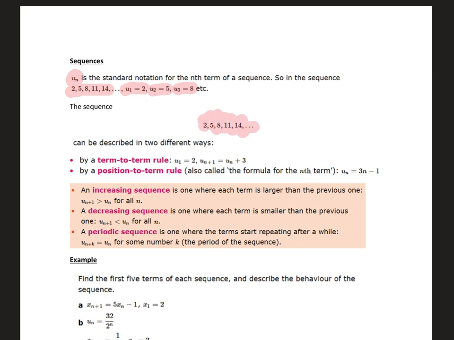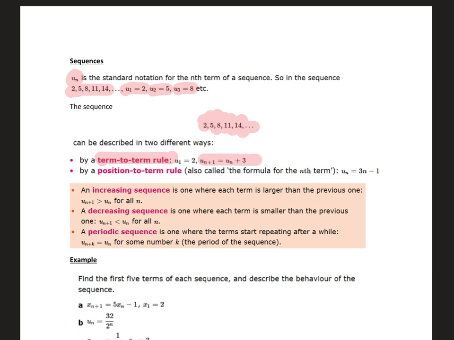So that sequence from before, 2, 5, 8, 11, 14, we can use a term-to-term rule. You would probably have talked about this at primary school without formalizing it like how we did. That just means how do you get from one term to the next? At primary school, you probably would have said add 3. At A level, we're going to write that as U(n+1) = U(n) + 3.